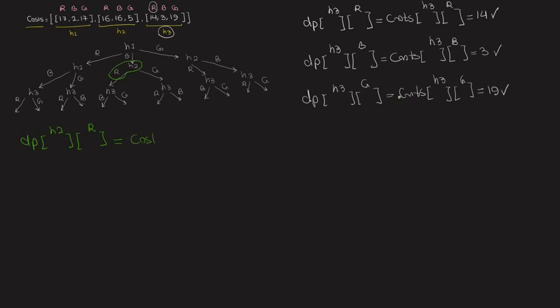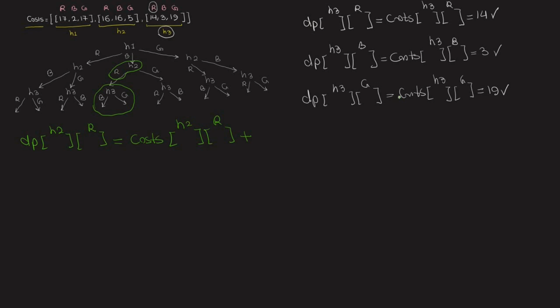So we say costs of H2 and color red. I also, when I'm at house 2 color red, for house 3 here I have two options. I can go with house 3 as blue, or I can go with house 3 as green.